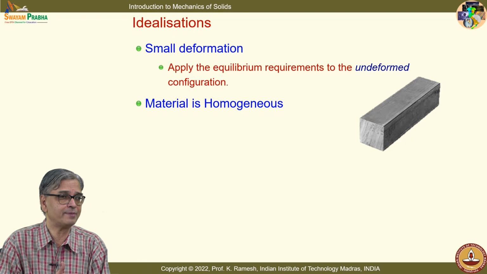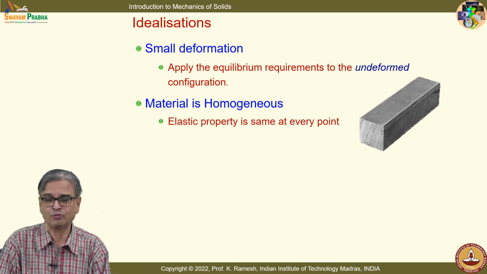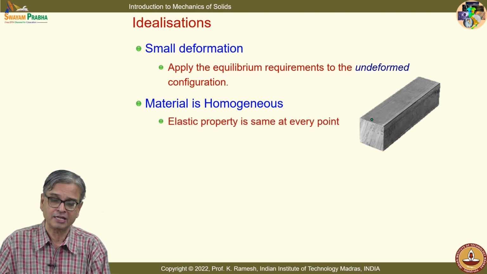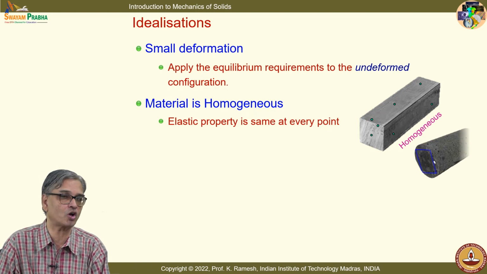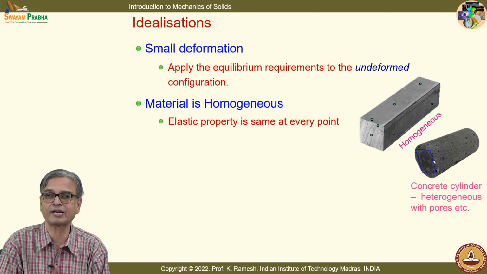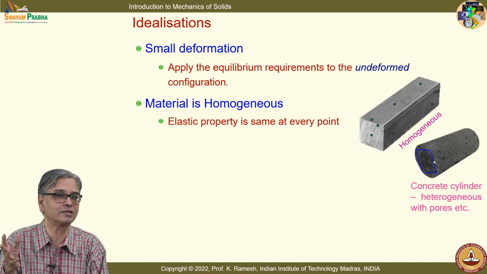And you also say the material is homogeneous. What is the meaning of homogeneous? When I consider any point on this, the properties remain the same, the elastic properties remain the same. And you have a counter example. You take a concrete block. If you have seen how concrete blocks are made, you find they put pebbles, cement, sand and all that, and it also has pores.